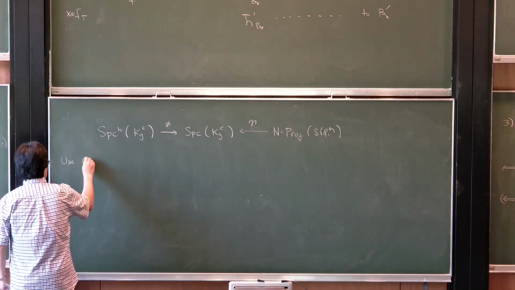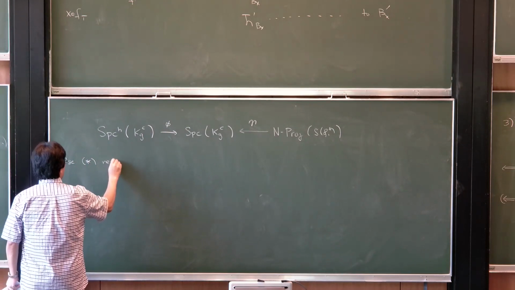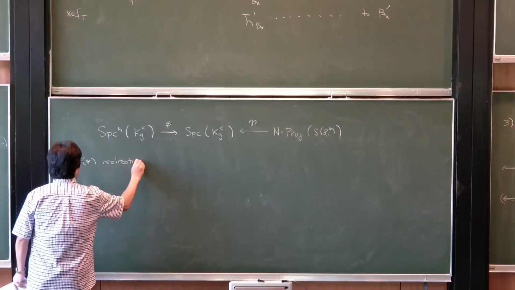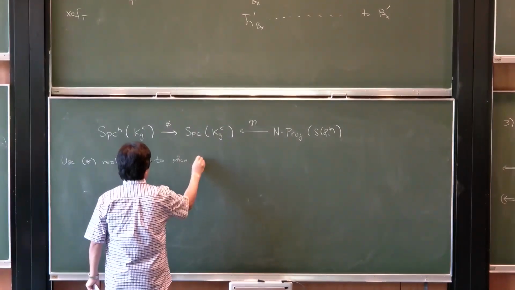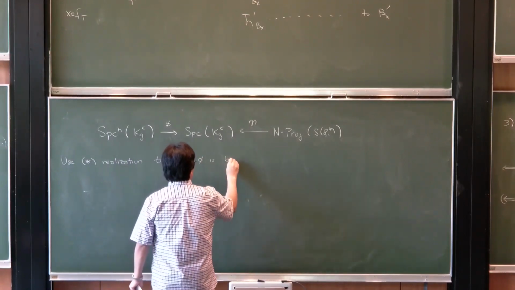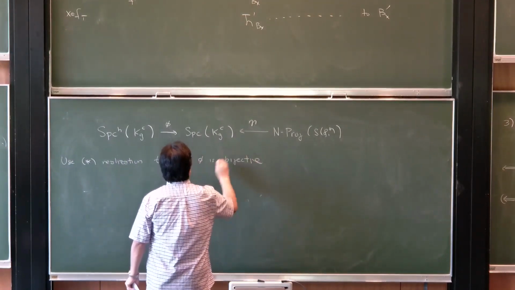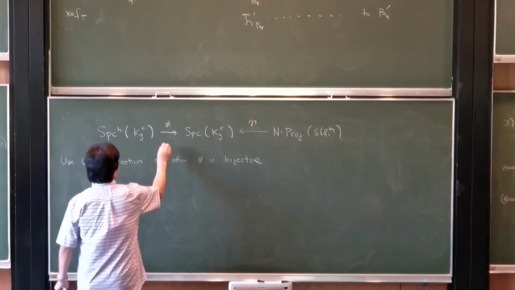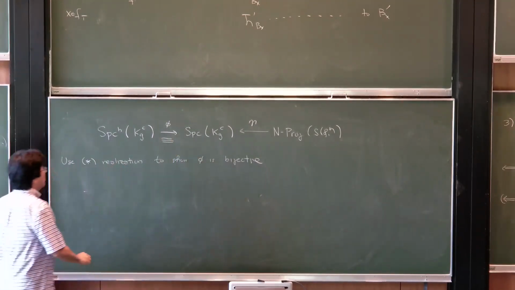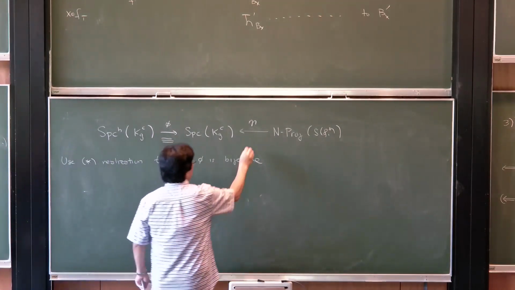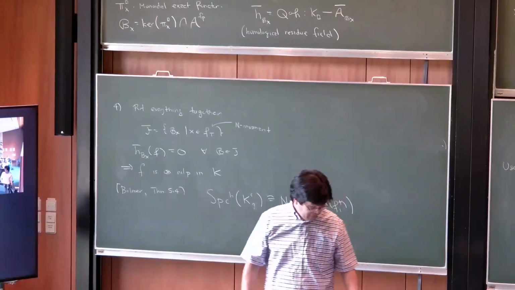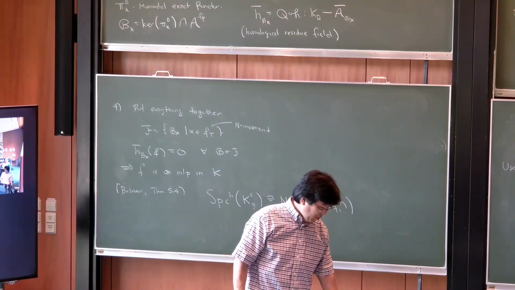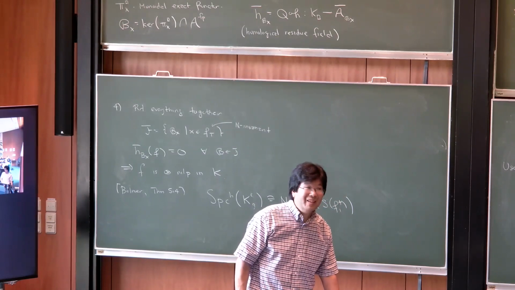We use the star realization that I stated before to show that phi is an isomorphism. So therefore, we have an isomorphism here, and we have an isomorphism here. So this is what the picture sort of looks like. And I guess the last thing I want to say is the nerves of steel conjecture lives on.